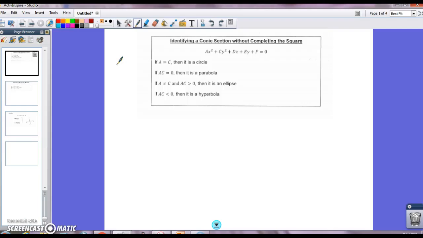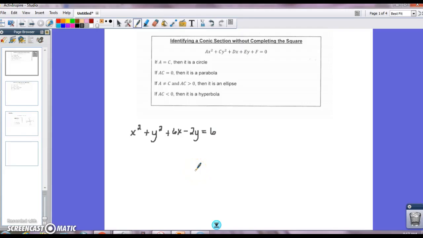What I want to do is take one of those examples. I'm going to take example number 2. That example is x squared plus y squared plus 6x minus 2y is equal to 6.